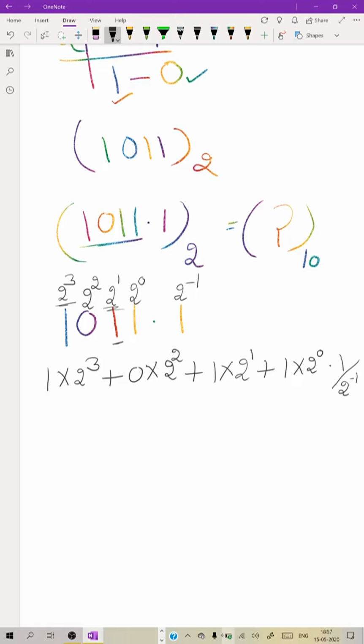And when your power is minus 1, you can simply calculate it with the divide method. You can divide 1 by 2 raised to power 1. So 1 multiply 2 cubed, 2 to the 4, 4 to the 8, plus 0 multiply 2 squared, plus 1 multiply 2 to the 1 is 2, plus 1 multiply, if power is 0 then our answer is always 1, then you can divide 1 by 2.